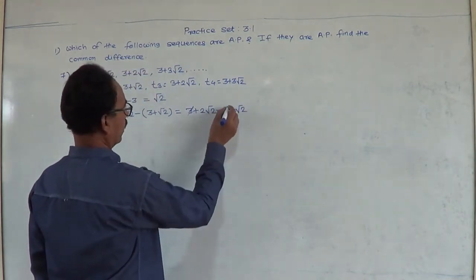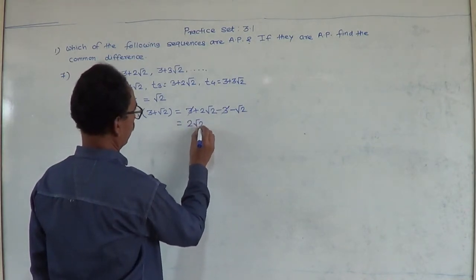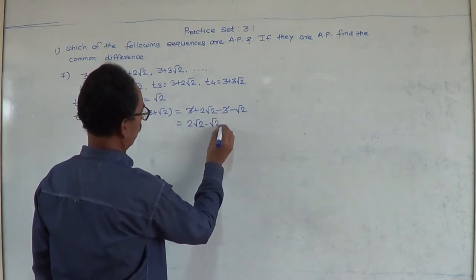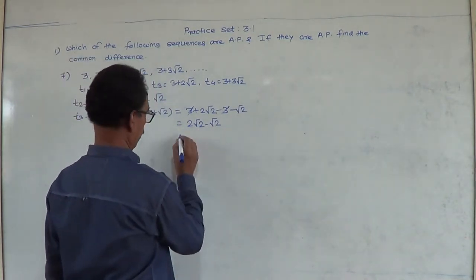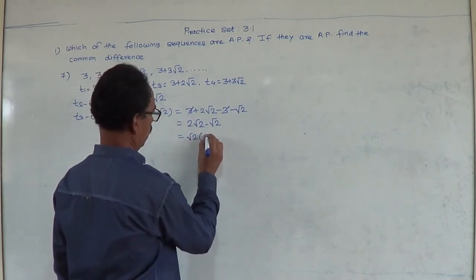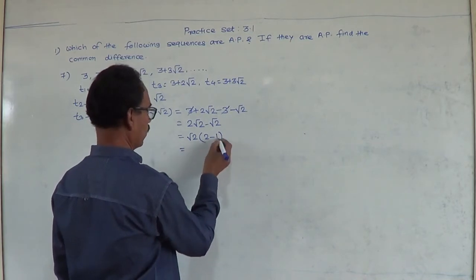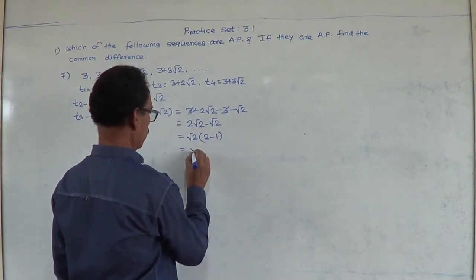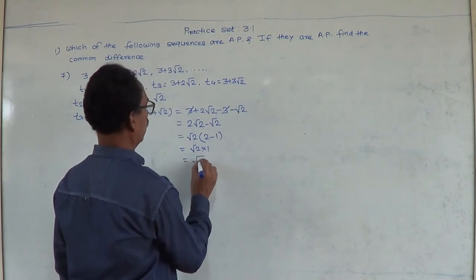So 3 gets cancelled, and here write 2 times root 2 minus root 2. To solve this we will take root 2 common. So here 2 minus 1, and the answer will be 2 minus 1 is 1, and this is root 2 into 1, and our answer is root 2.